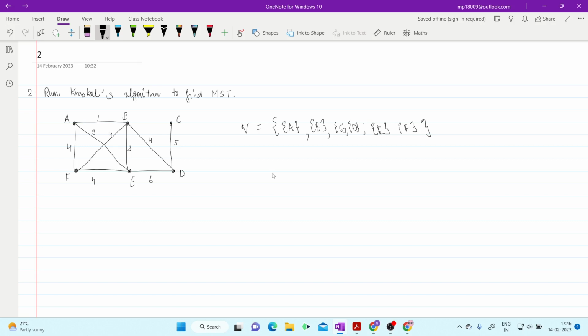So what does the algorithm say? Our initial set is this, let's call this W, and T is empty. Whenever the order of W is greater than 1, we pick up the edge with smallest weight. So in this graph, what is the edge with smallest weight?